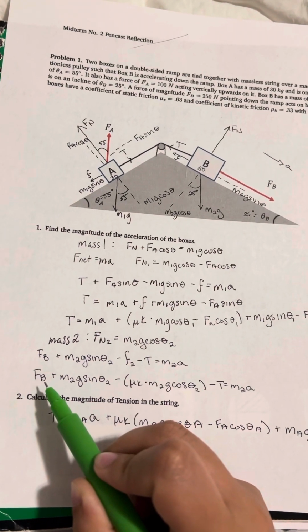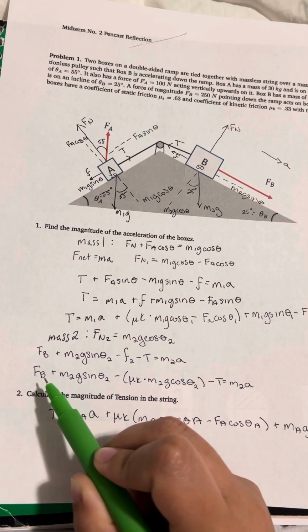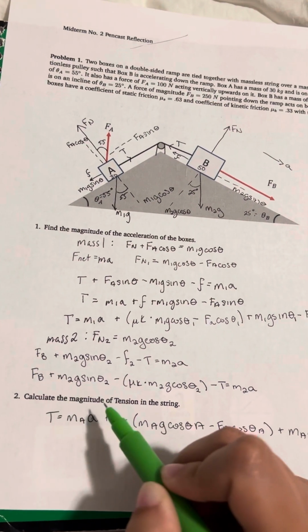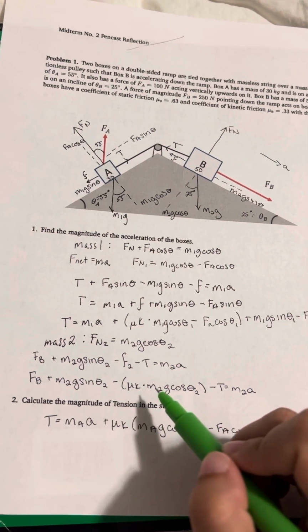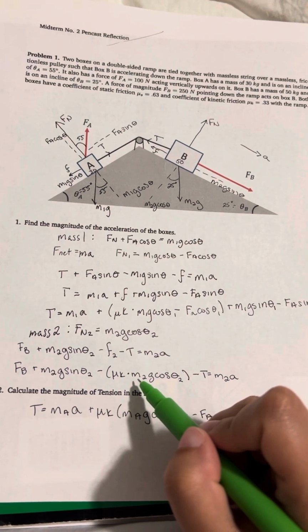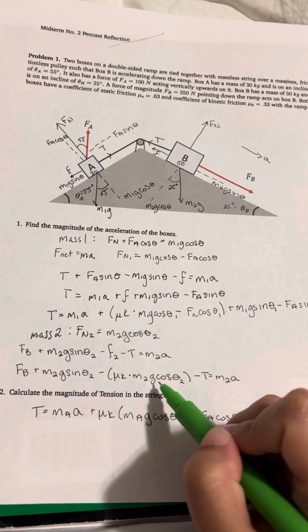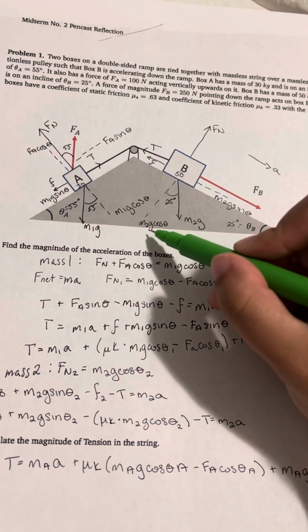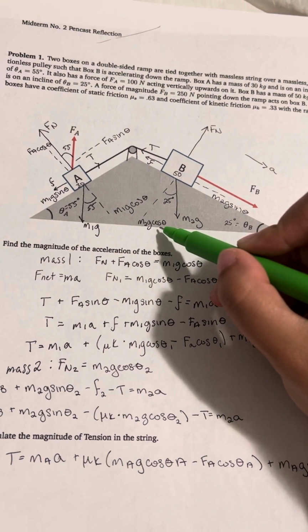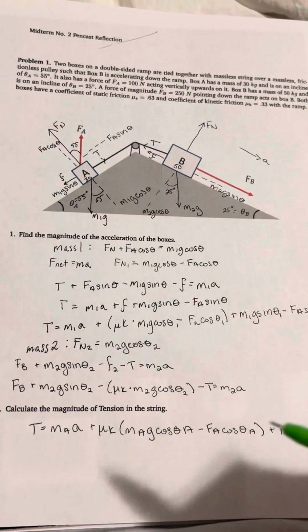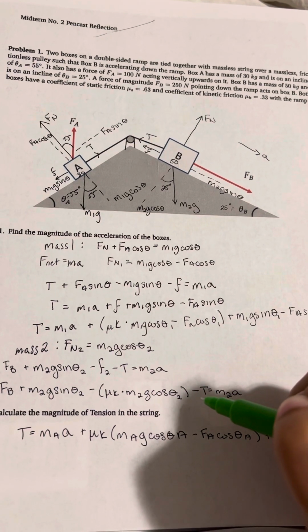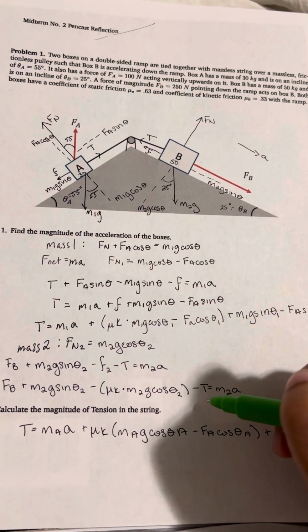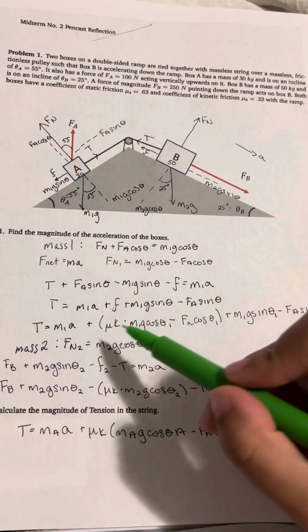So now we have Fb plus m2g sine theta minus mu k times m2g cosine theta, and then we're going to subtract all of this by the tension that we get here.